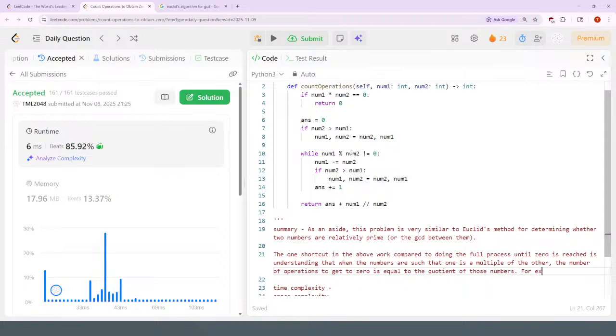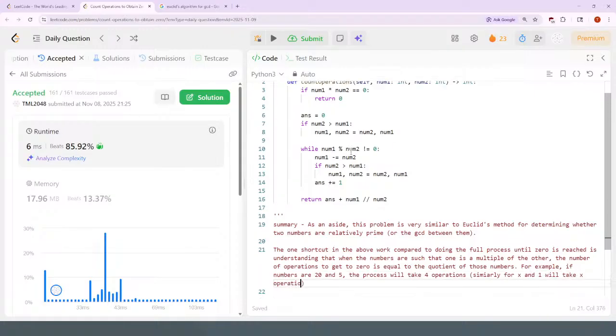For example, if the numbers are 20 and 5, the process will take 4 operations. Similarly, for x and 1, we'll take x operations.